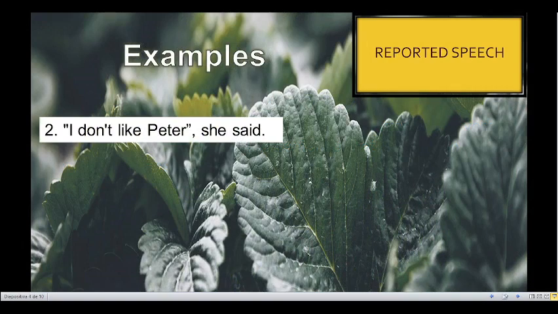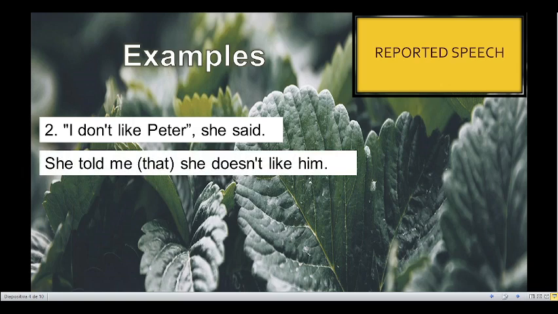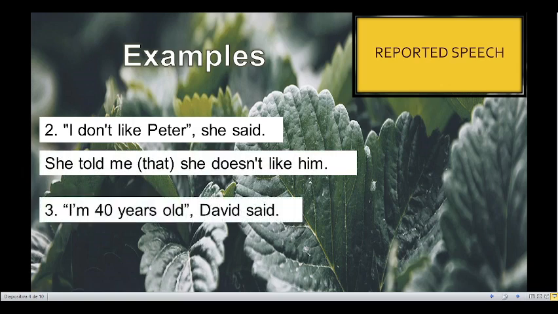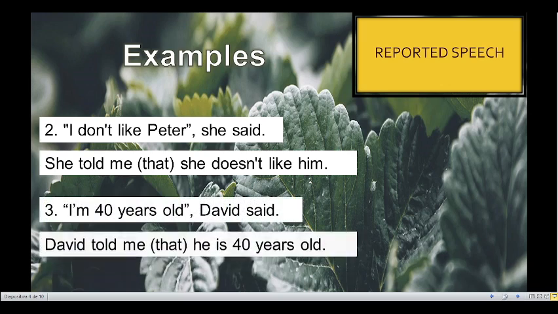The reported speech is she told me that she doesn't like him, or she told me she doesn't like Peter. Very good. Number 3. I am 40 years old, David said. So the reported speech is David told me that he is 40 years old, or David told me he is 40 years old. Excellent.